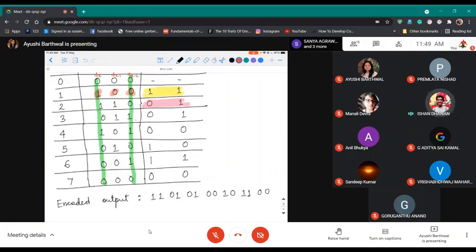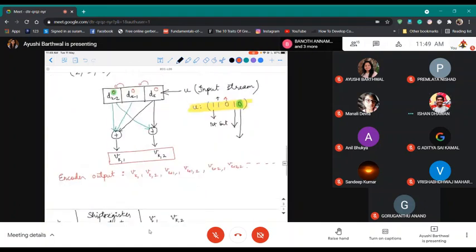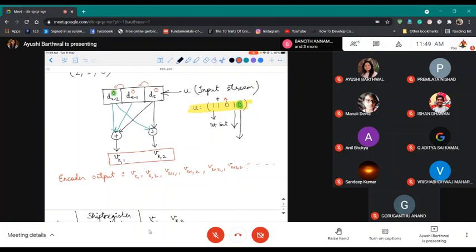Ma'am, is there a general method that we can use to define the relation between the output and input lines? No, it depends upon the designer. So, what is the optimum way of doing it from a design perspective? Optimum, I did not understand your question.